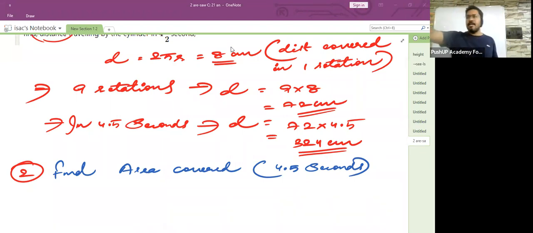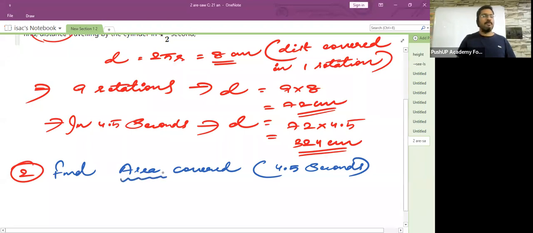Did you all follow what we did right now? We just found the distance covered by the cylinder in 4.5 seconds. Albina, is it clear? Sia? I am asking you how much is the area covered by the cylinder in 4.5 seconds. Think and answer.